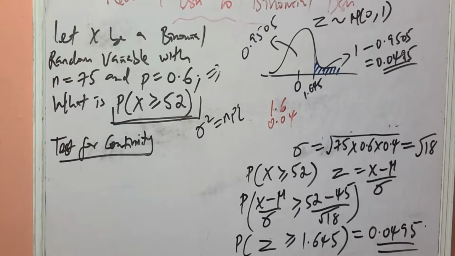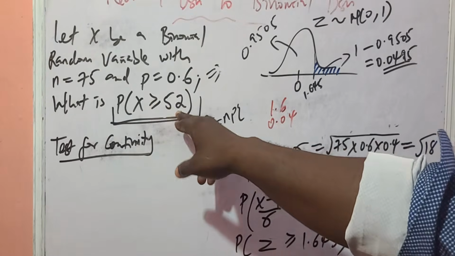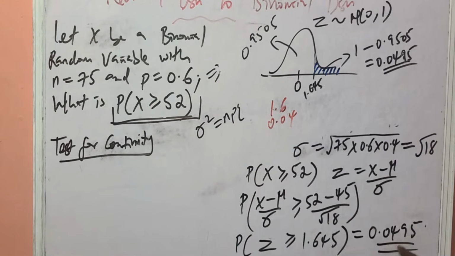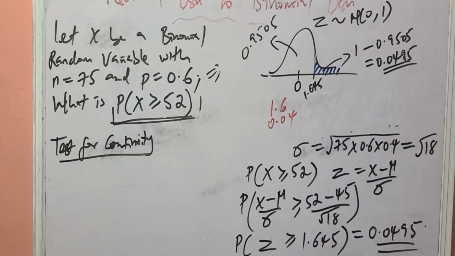Now, pay attention to what just happened right here. This means we have gotten our answer for probability of x greater than or equals to 52 to be 0.0495, making use of the normal distribution. But here's the problem. If you make use of a program, now we have lots of packages and tools that can give us this answer without having to manually solve.